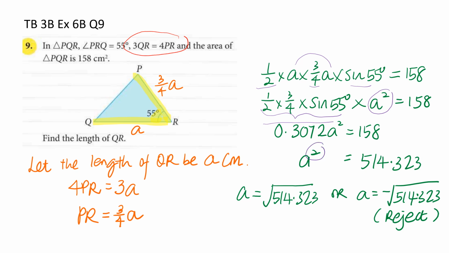But of course, A represents the length, so the length cannot be a negative number, so we reject the negative one. Therefore, the length of QR will be 22.7. Yes, because we let it be A centimeters, there's no need to put cm there, so it's just 22.7.